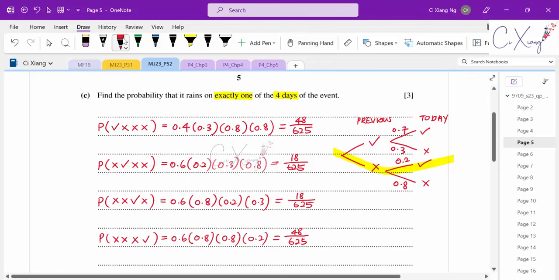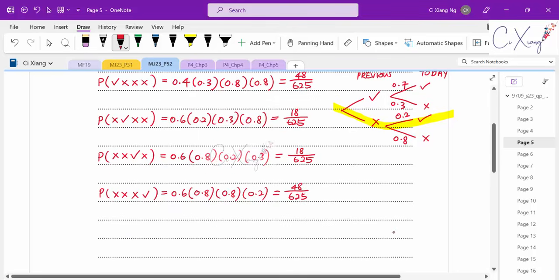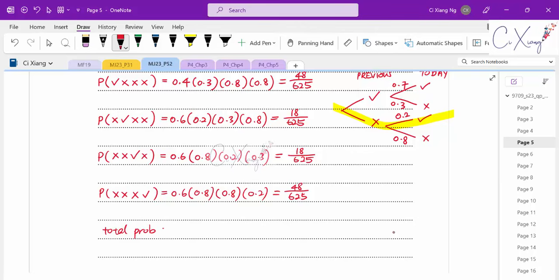Okay, so now I want to get the total probability, because we have 4 different cases here and found them out separately. So what is the total probability now? The total probability will be, you add all the cases' probabilities together. So 48 over 625 plus 18 over 625 and so on.